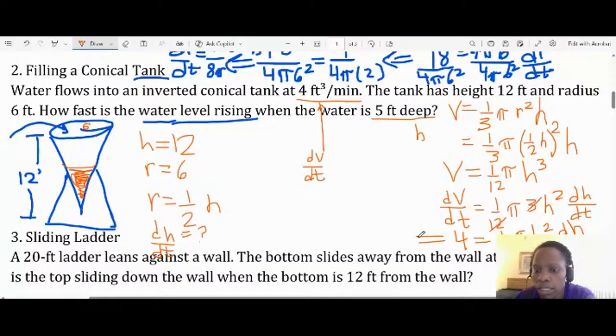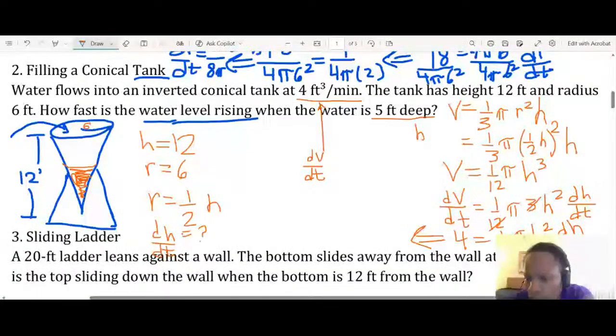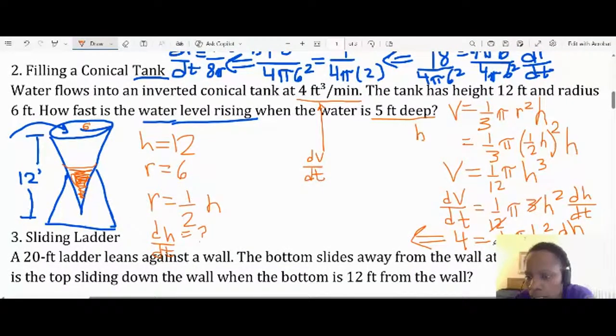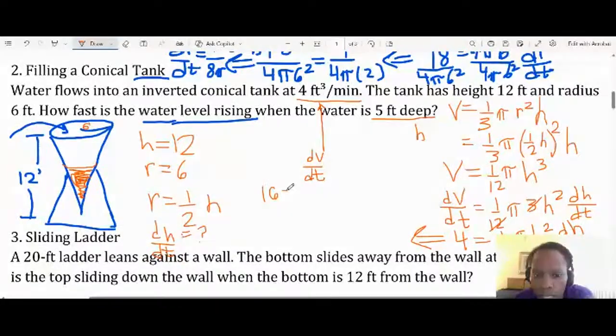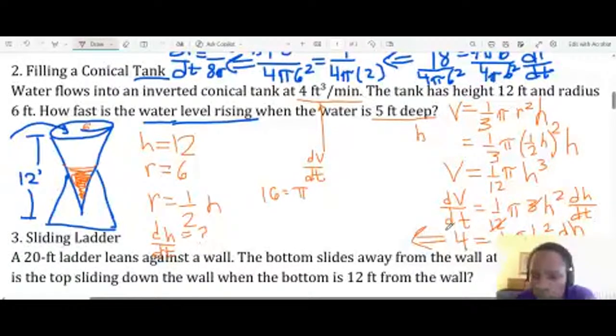Okay, let's go this way with it. And multiply by 4, we get 16. And then we divide by pi. So we're going to get 16 pi by 4.